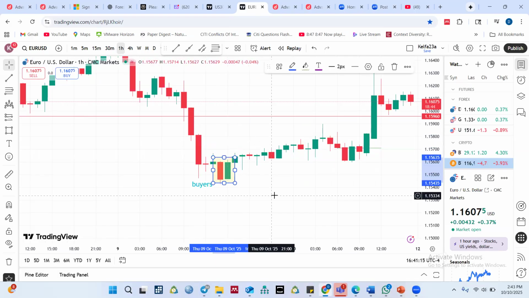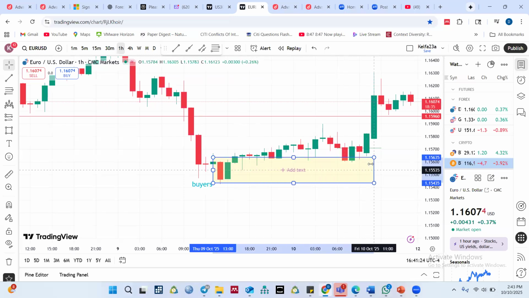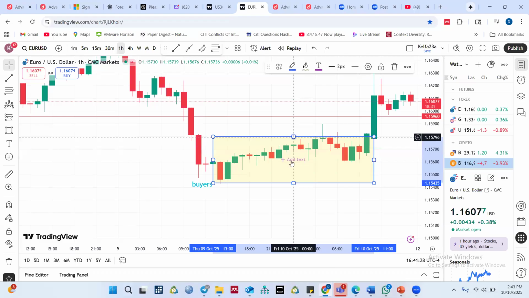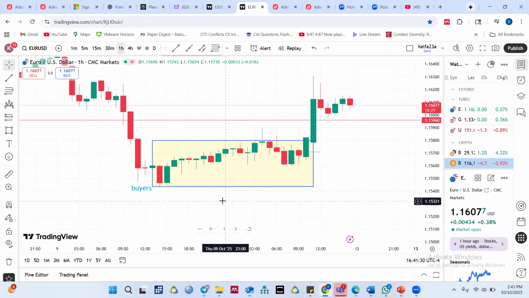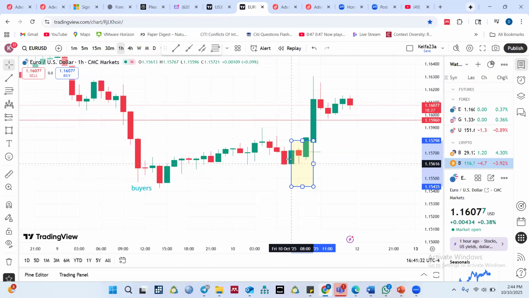So rejection will give you the indication that some people are there, either sellers or buyers. But the engulfing is a good way for you to know that they really mean business or they really want to take charge. Do you get my point?